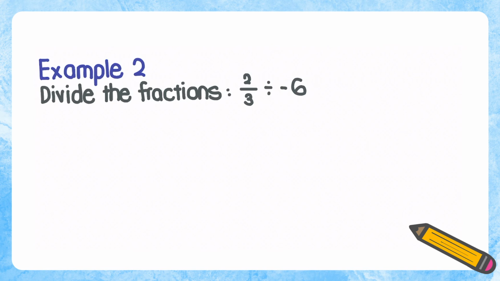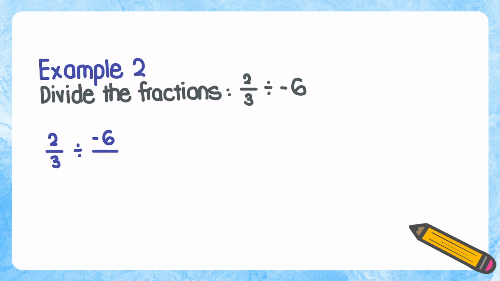Let's do one more example together. So divide the fractions. So we have 2 over 3 divided by negative 6. And even though negative 6 is a whole number, we can rewrite it as a fraction, negative 6 over 1. So here I have 2 over 3 divided by negative 6 over 1.